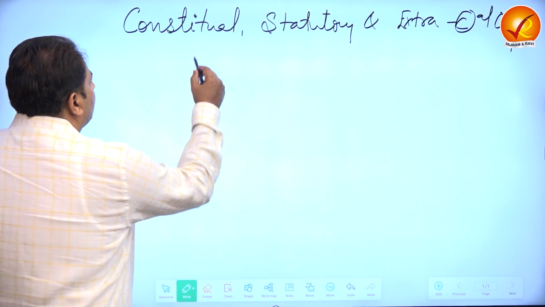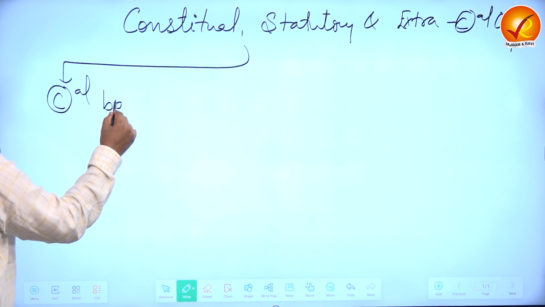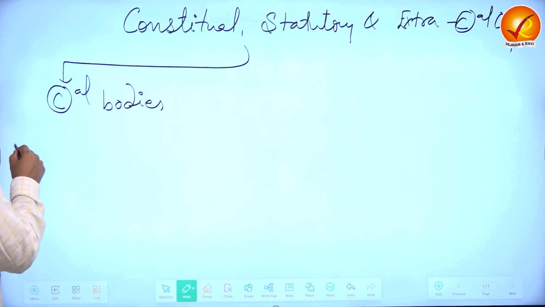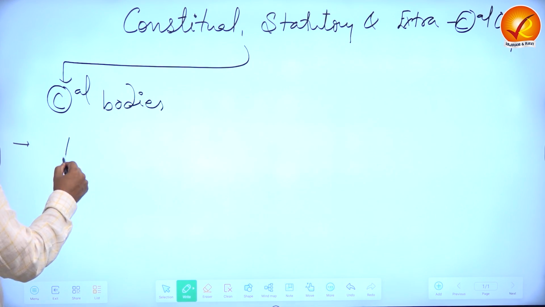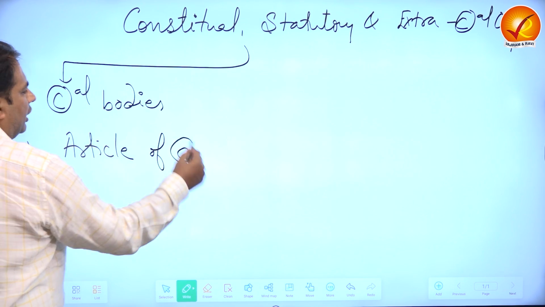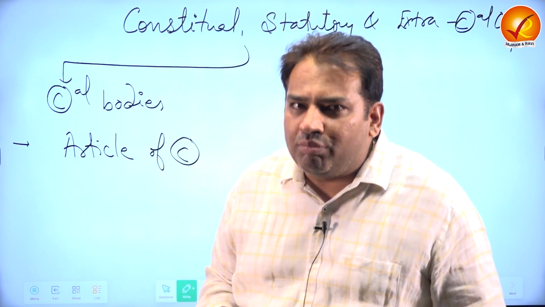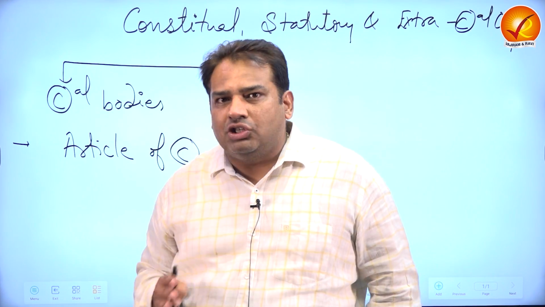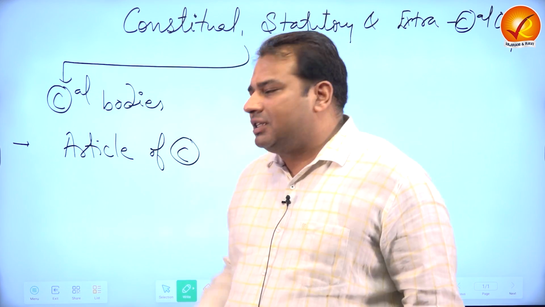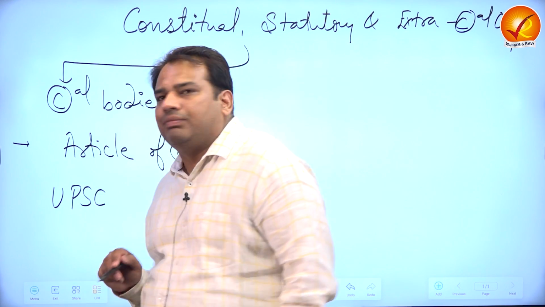When we talk about constitutional bodies or constitutional organizations, these are the ones which are mentioned under a specific article of the Constitution. And their powers, their functions, their compositions are usually mentioned in the Constitution. For example, the Union Public Service Commission.